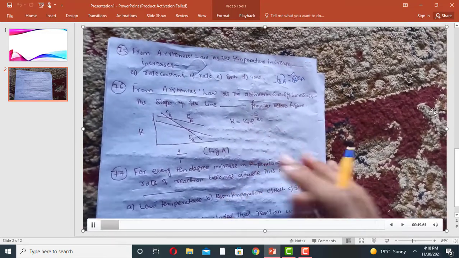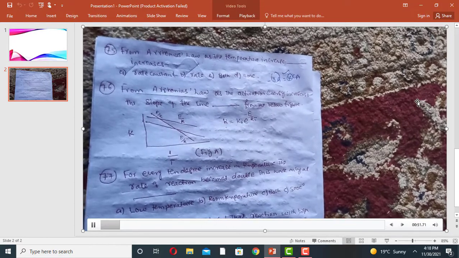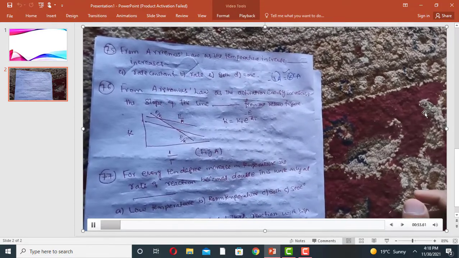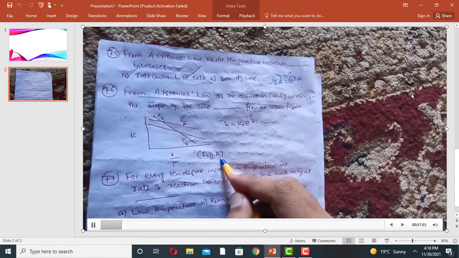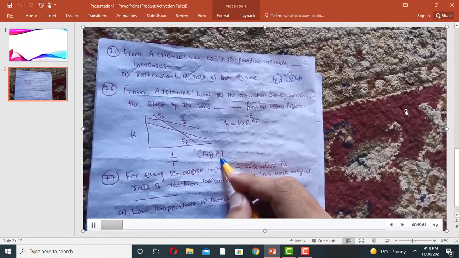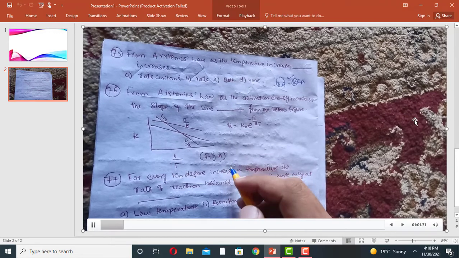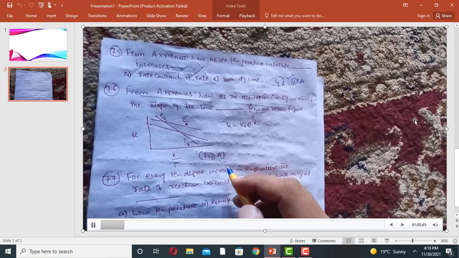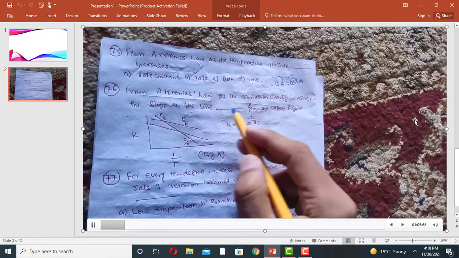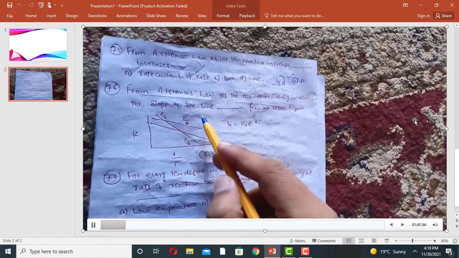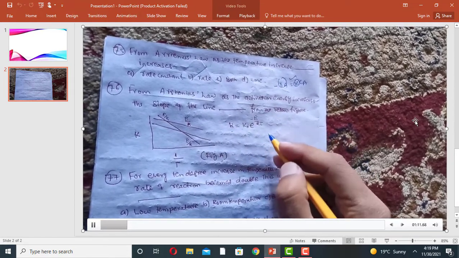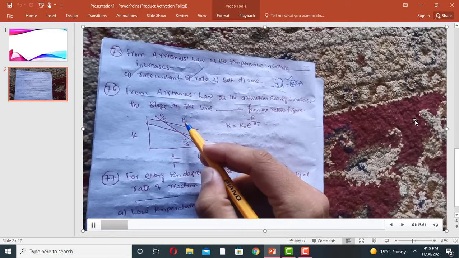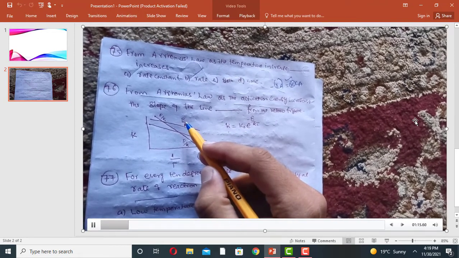From the Arrhenius law, as the activation energy increases, the slope of the line in the figure below will increase or it will decrease.